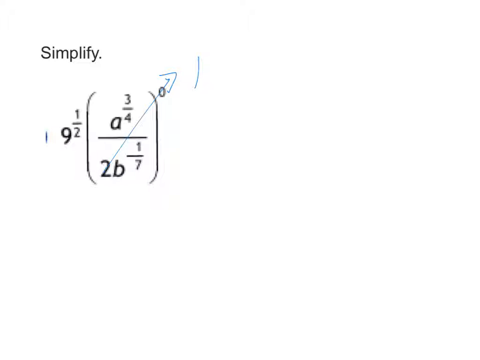This part of it that has the exponent of 0 is equal to 1. So now we have 9 to the power of 1/2 times 1 is what this actually simplifies to. So that's it. Well, this means it's the square root of 9, which is equal to 3. That whole thing simplifies to 3. Can I just put 3?